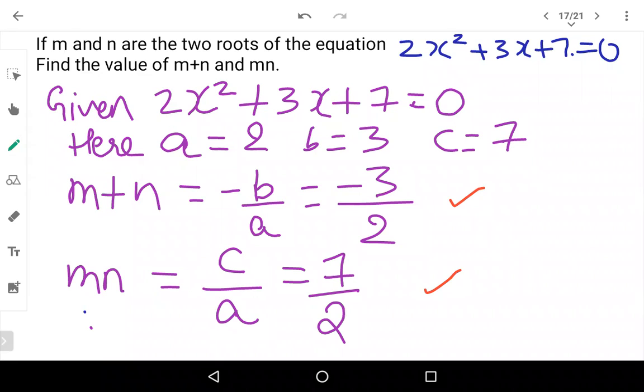This is the answer that you are supposed to get. Understood? Any doubts in this? Great.